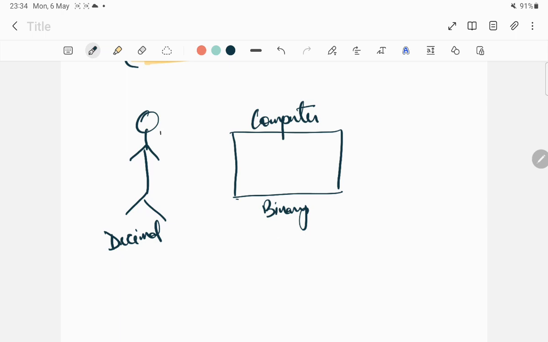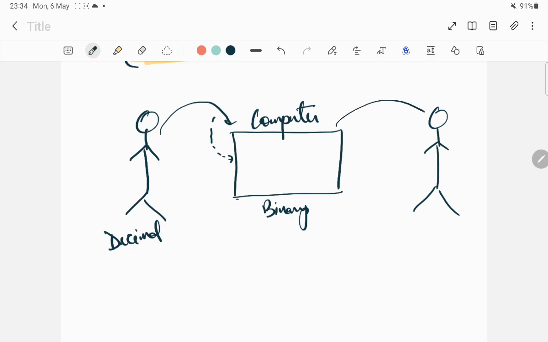So whenever we give some input to the computer, it has to be converted into binary, and only then will the computer understand. But this is about the input. When we give input to a computer, we also expect some output from it.